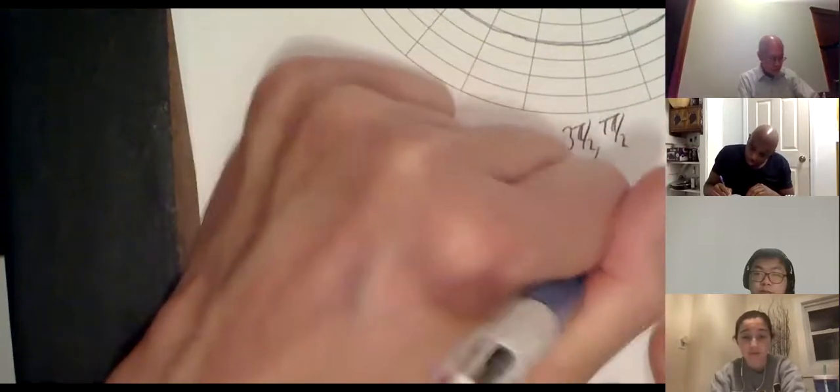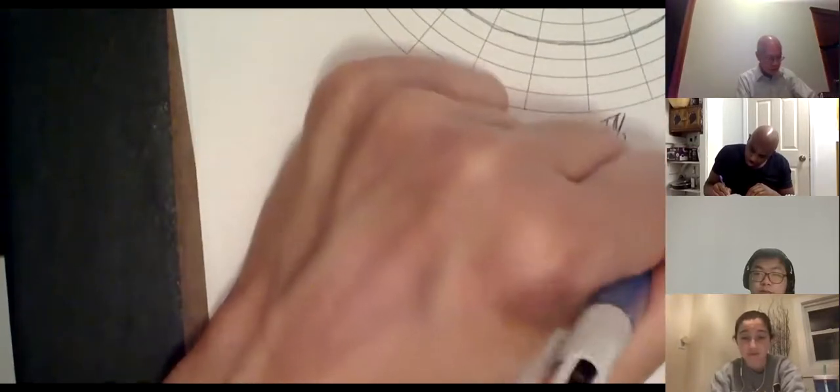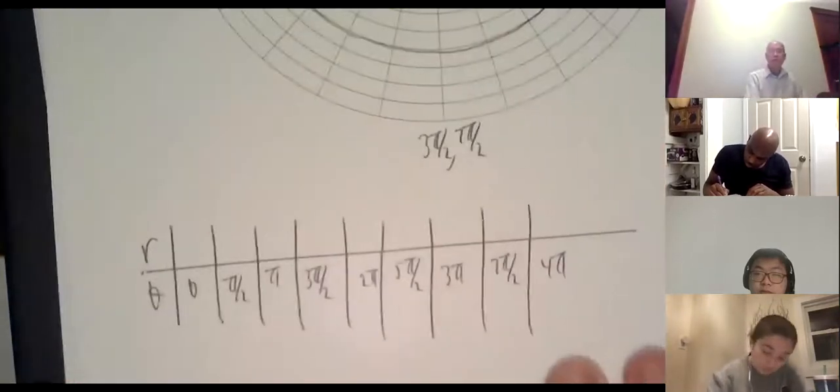So pi over 2, pi, 3 pi over 2, 2 pi. Keep going. 5 pi over 2, 3 pi, 7 pi over 2, 4 pi.